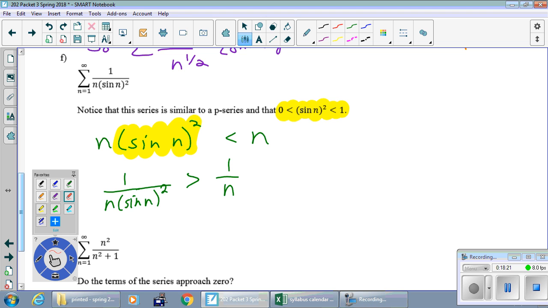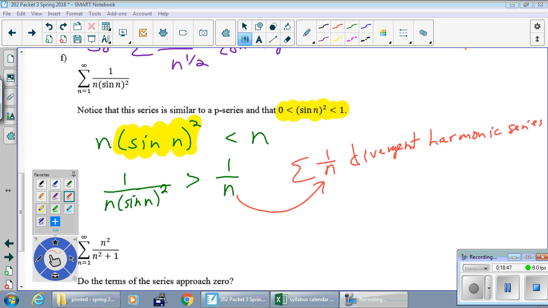And so that leads us to consider the summation of 1 over n. That's this one right here. And we know that that is the harmonic series, which diverges. And that means that the series that we have is greater than something which diverges.